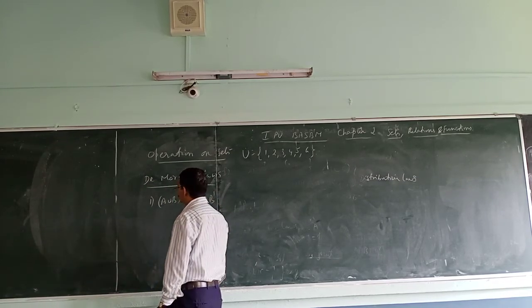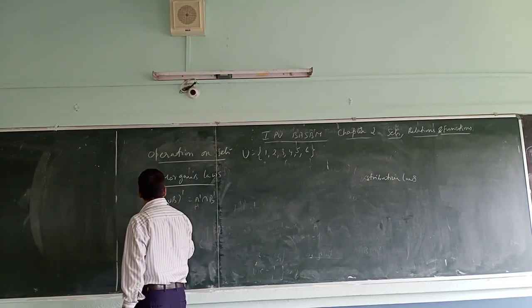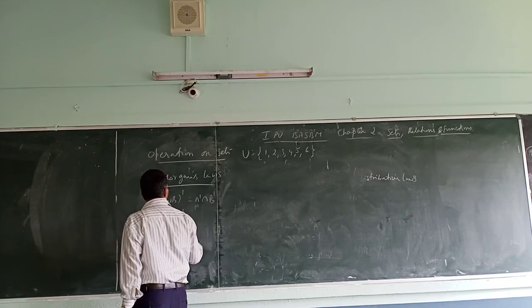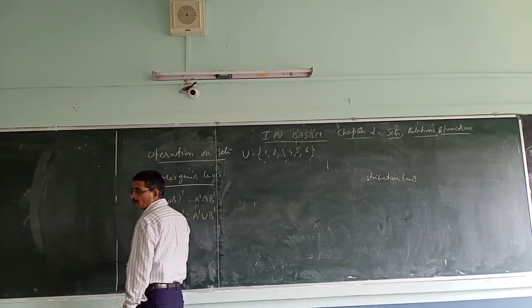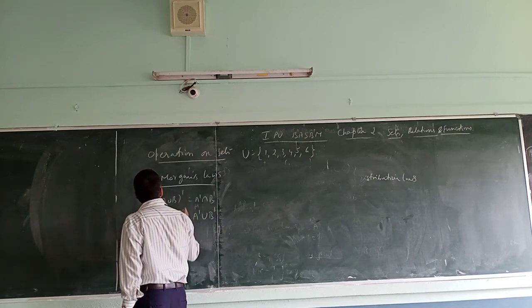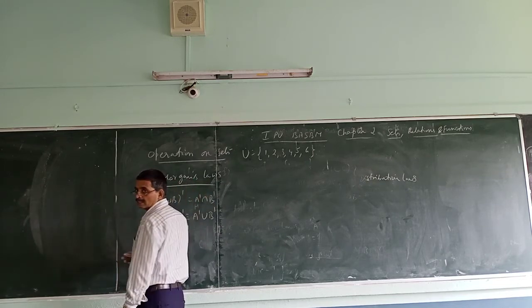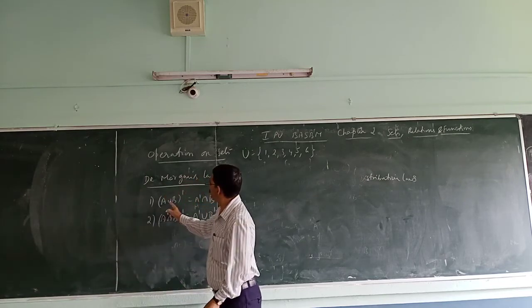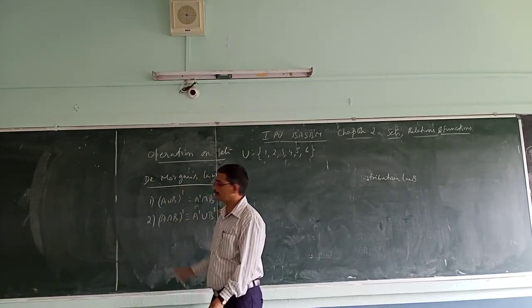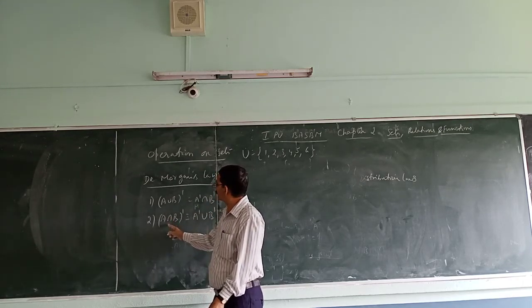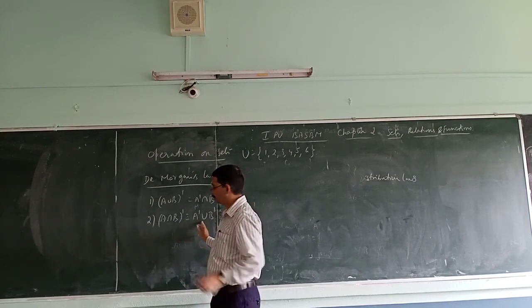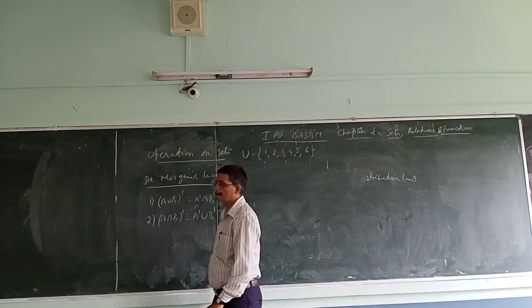Same way, the second one, (A intersection B) whole complement equals A complement union B complement. These two laws are called De Morgan's laws.